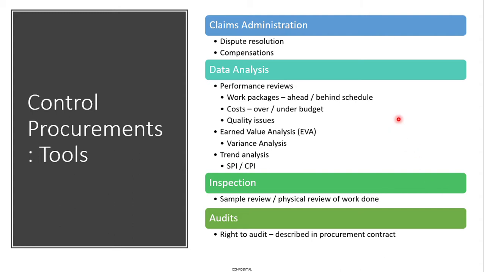Then again, not only the scope of work: as a project manager, from your previous sessions on earned value analysis, if you can remember, you can check whether there is a cost variance, whether there is a schedule variance at work package level, whether the consultant is behind or ahead of schedule, and whether he has already charged a majority of the cost while the work he has done is less.